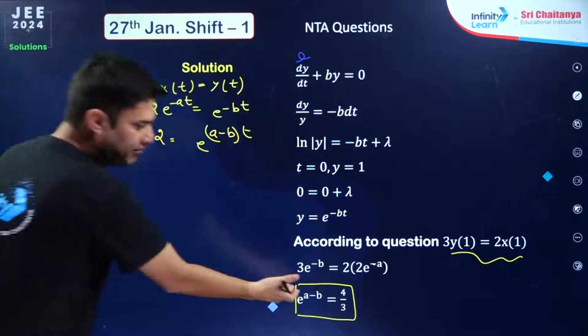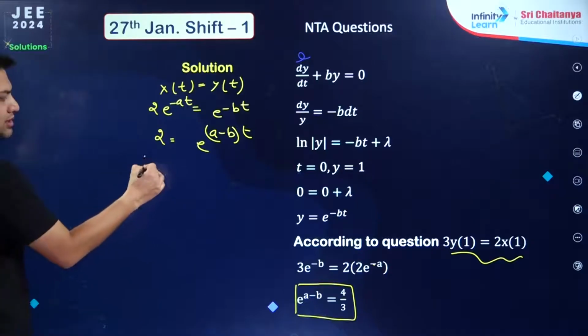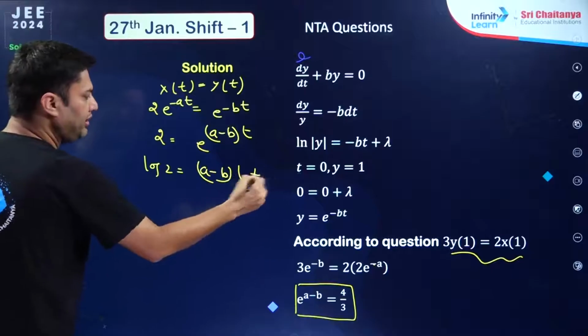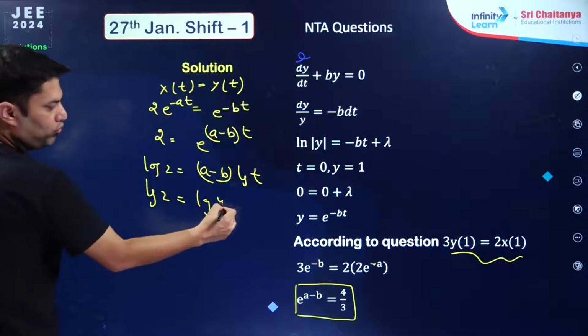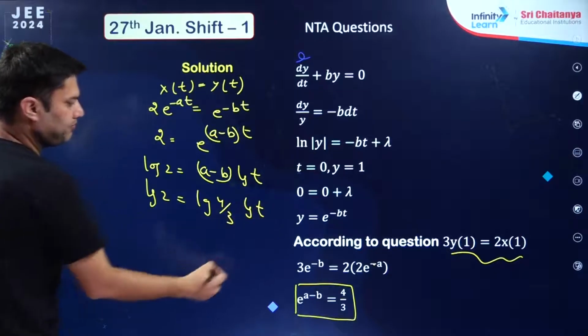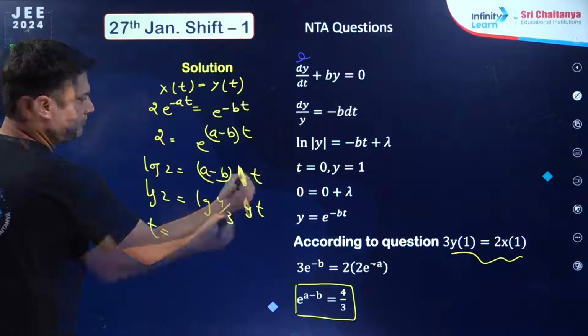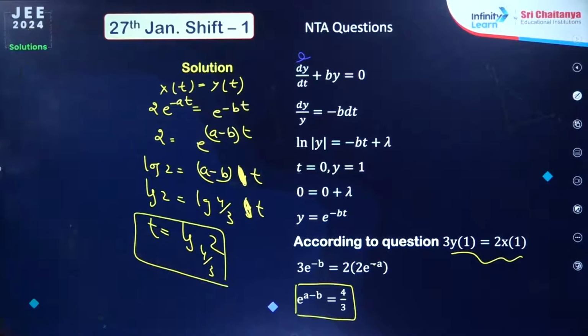And you know e to the power a minus b is 4 by 3. So take log both the sides. So log 2 is equal to a minus b into t, and a minus b is log 4 by 3, so log 2 is equal to log 4 by 3 into t. Sorry, not log t, only t. So t is equal to log 2 base 4 by 3. So that's the right answer.